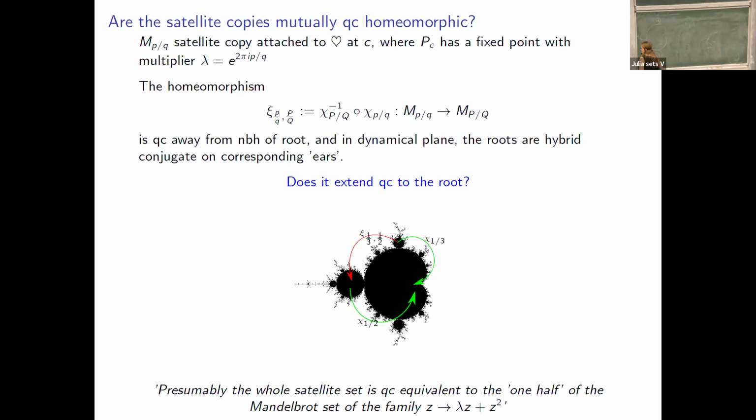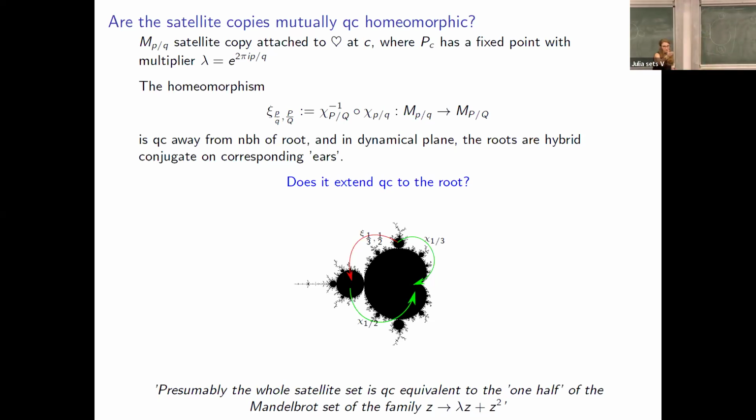Here, dynamically, you have a periodic point of period 2. But still, there is a homeomorphism between the whole guy and the whole guy.